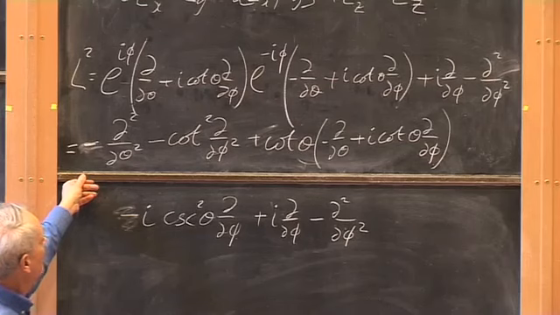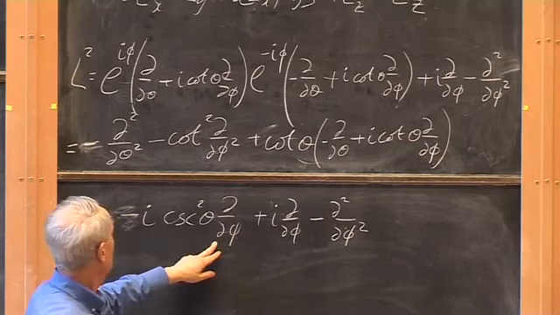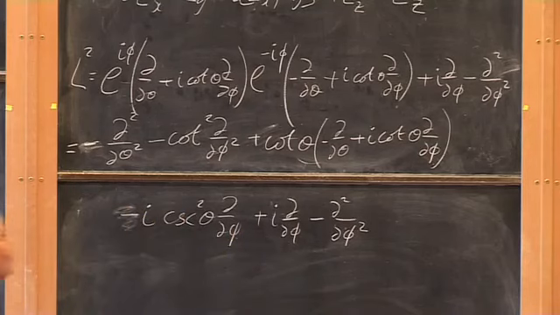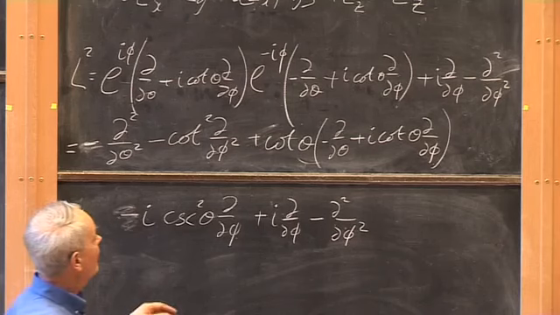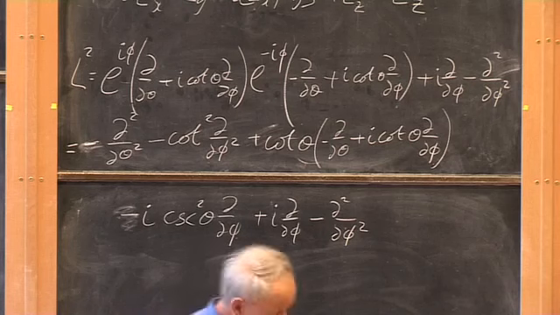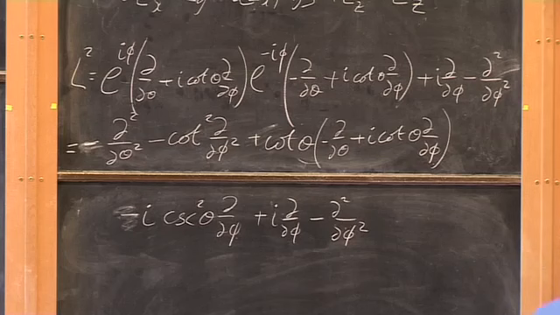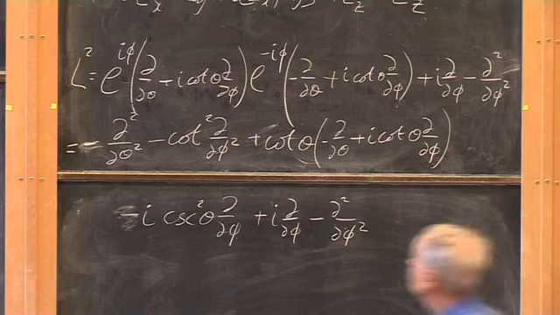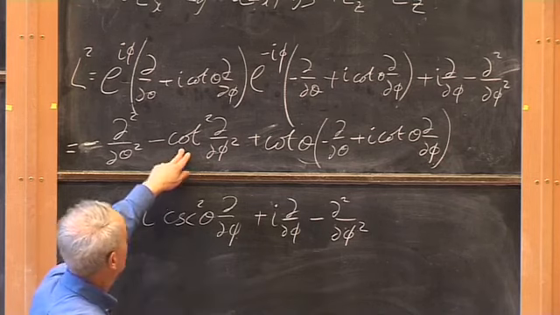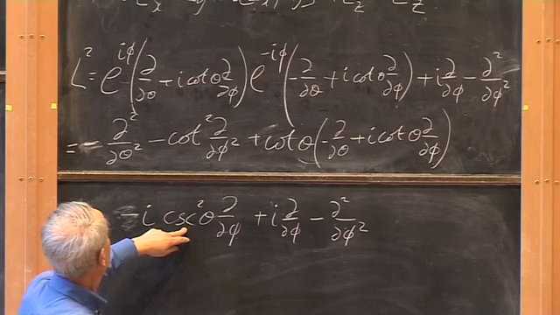We have three terms, 1, 2, 3, which are just d by d phi terms, and God be praised, they all add up to nothing because we have a trig identity, which is cot squared theta minus cosec squared theta is minus 1. And here's our cot squared. There's our cosec squared.